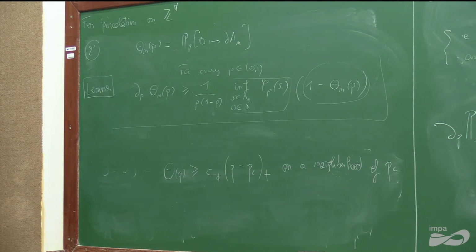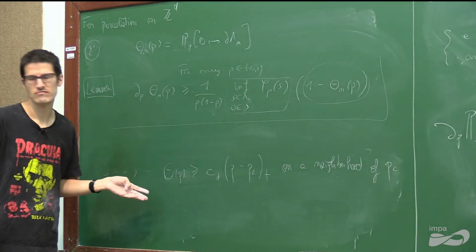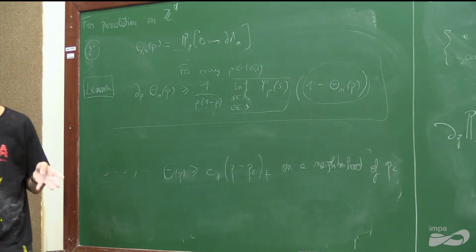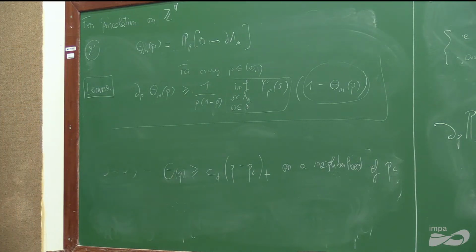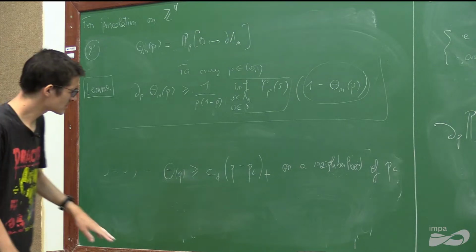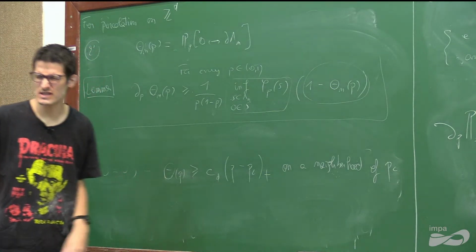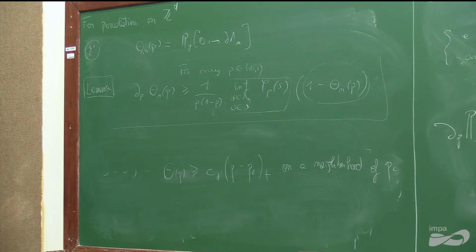One thing you might wonder is whether this is sharp in any way. In terms of the constant, I think it's really difficult. You're losing something when you do the inequality, basically, when you're doing these union bounds.